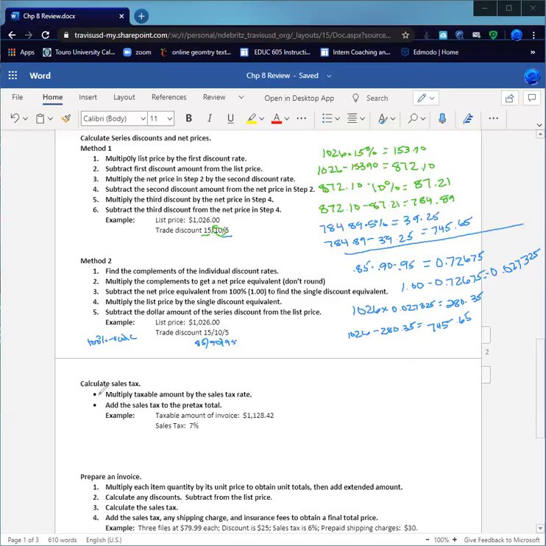The next thing we did was we calculated sales tax. This is the same as finding a discount, and we've done this before. So you take your $1,128.42 and you multiply it by 7%. That's going to give you $78.99. I'm going to add that to my invoice total.